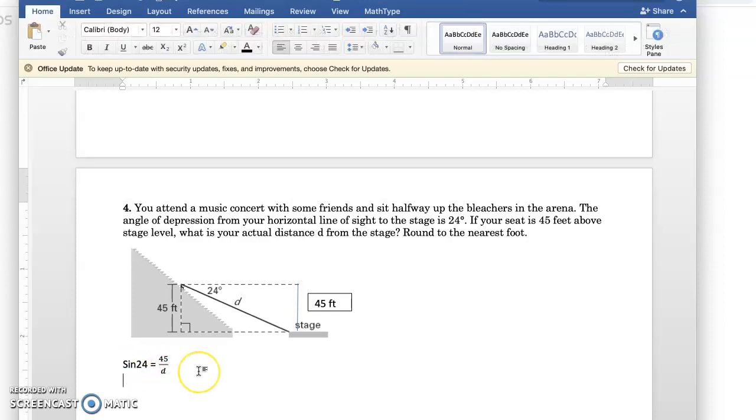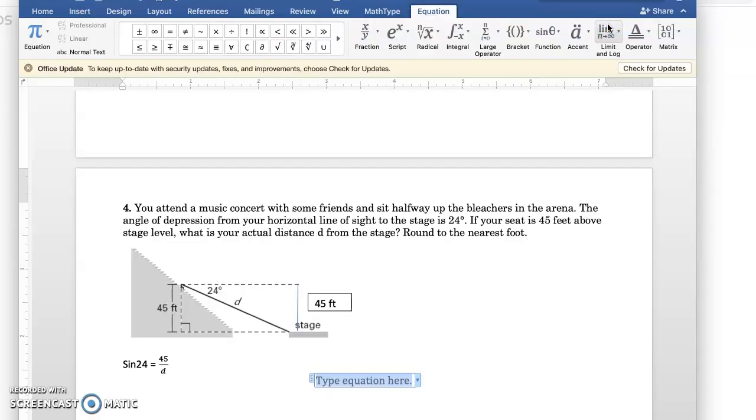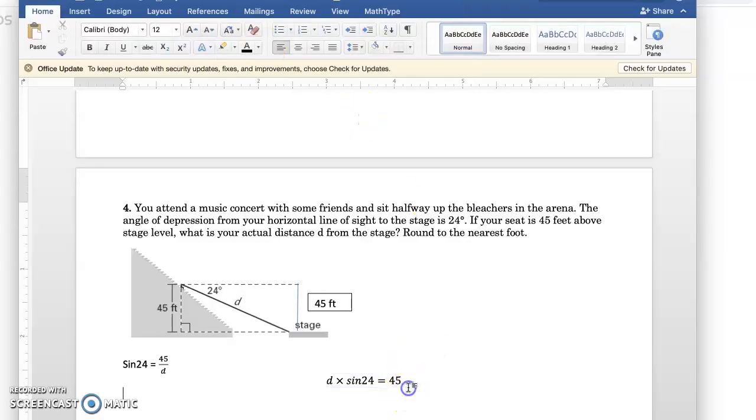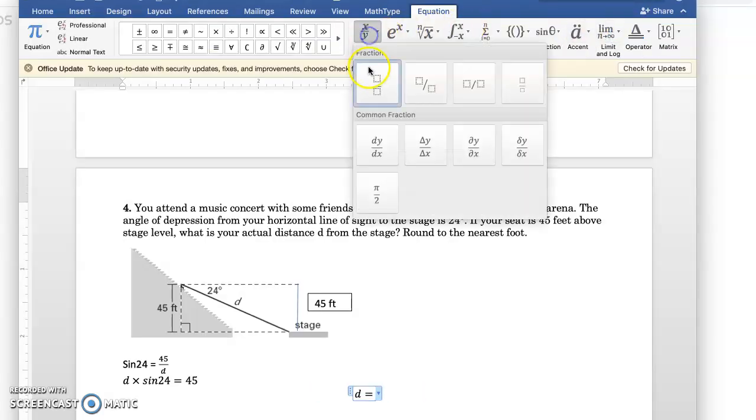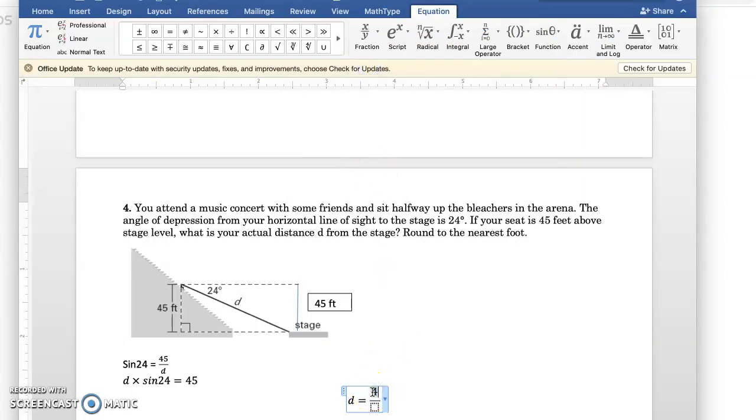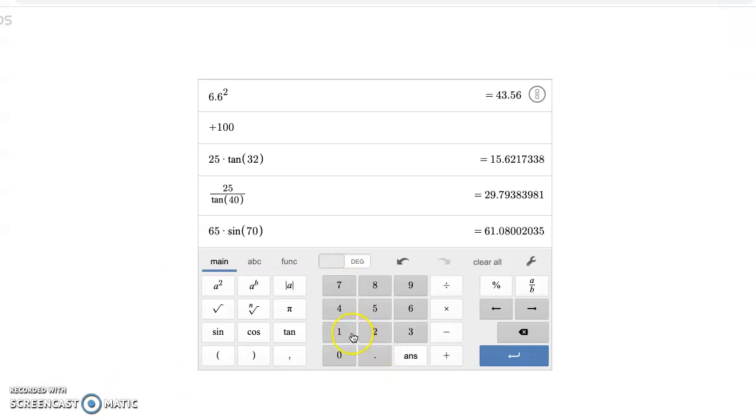And then when we cross multiply, I would be saying D times the sine of 24 is equal to 45. And then to get D by itself, I would divide by the sine of 24 on both sides. So then the next step for your work would be 45 divided by the sine of 24. And you go right ahead into your calculator.